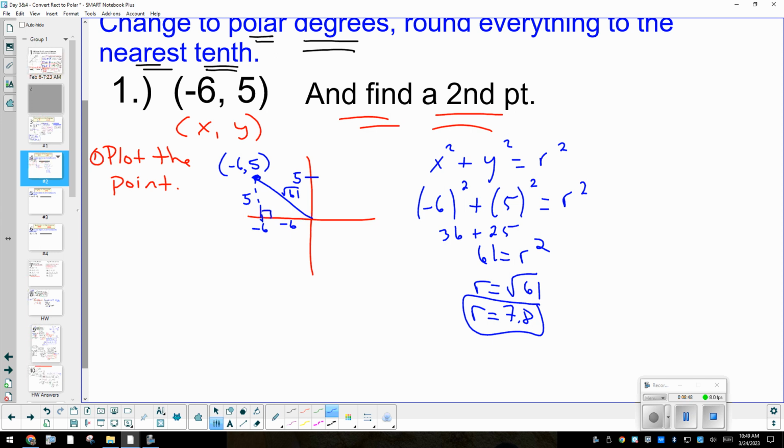So you want to remember the formula. Theta is tangent y divided by x. So tan theta is y divided by x. What happens if you guys do, let's see, if you type 5, oh, you don't want to put the negative in here.